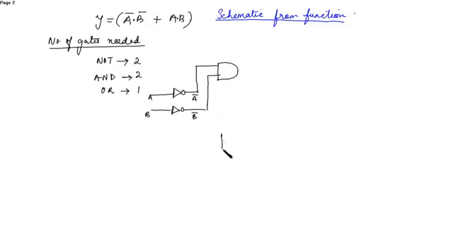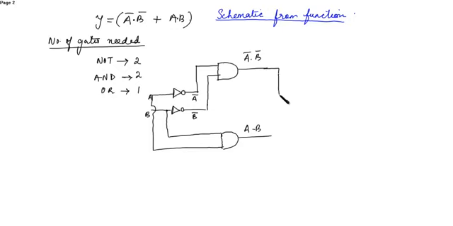The next is A, this is B. So this is A bar dot B bar and this is A dot B. This is the OR gate.